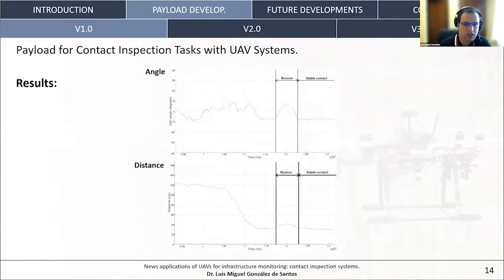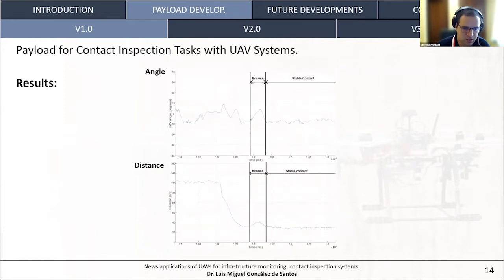And analyzing these graphics, we can see that the approach movement is very fast, and the vehicle bounces in the first contact. The yaw control can be improved. And as we can see, during the stable contact, the system is not able to be completely fixed to the structure.